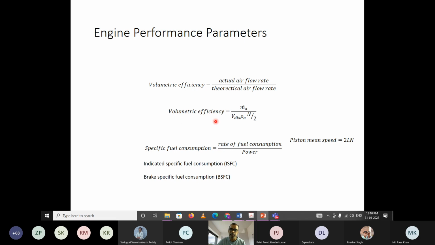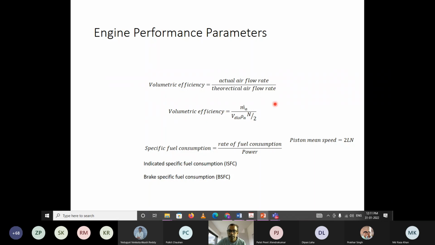Because, as we discussed, in a spark ignition engine we use a throttle in the intake manifold, so we throttle the incoming air. Therefore the manifold pressure, the pressure downstream of the throttle, is always less than atmospheric pressure, and it decreases the volumetric efficiency of the spark ignition engine.